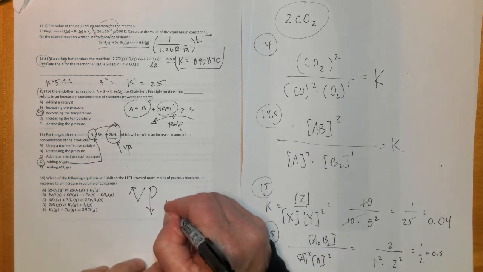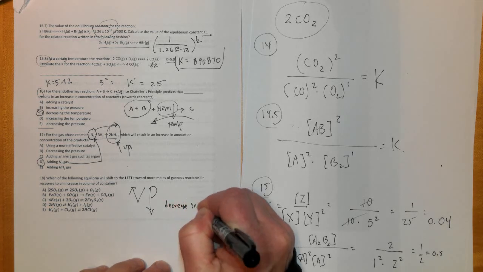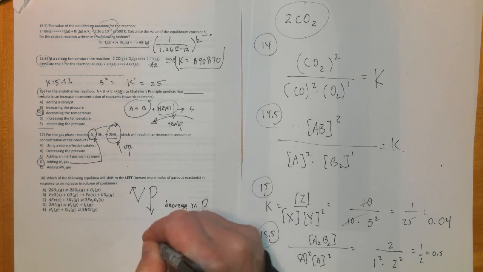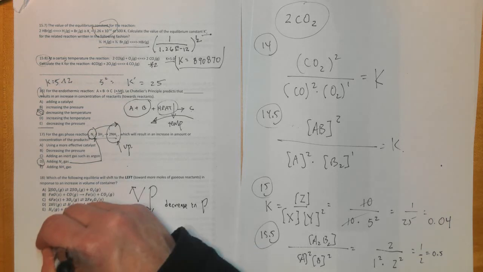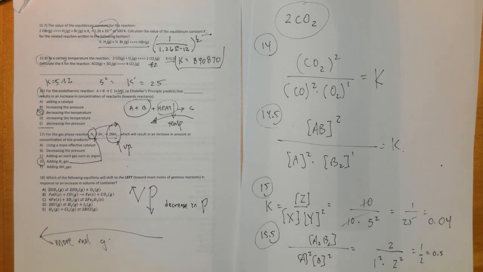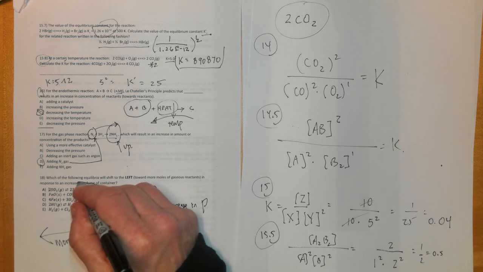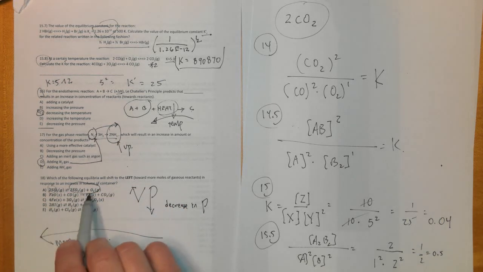So a decrease in pressure would cause it to shift this direction where we want it to, and it will shift there only if the reactants are the ones with the more moles of gas. And so if you look here, we have 3 moles of gas on this side, and here we have 2 moles, so more moles is actually on this side.